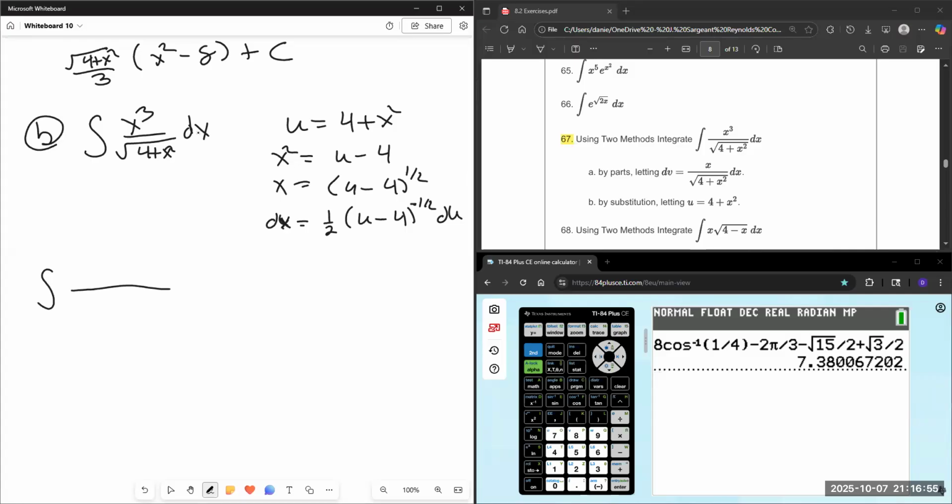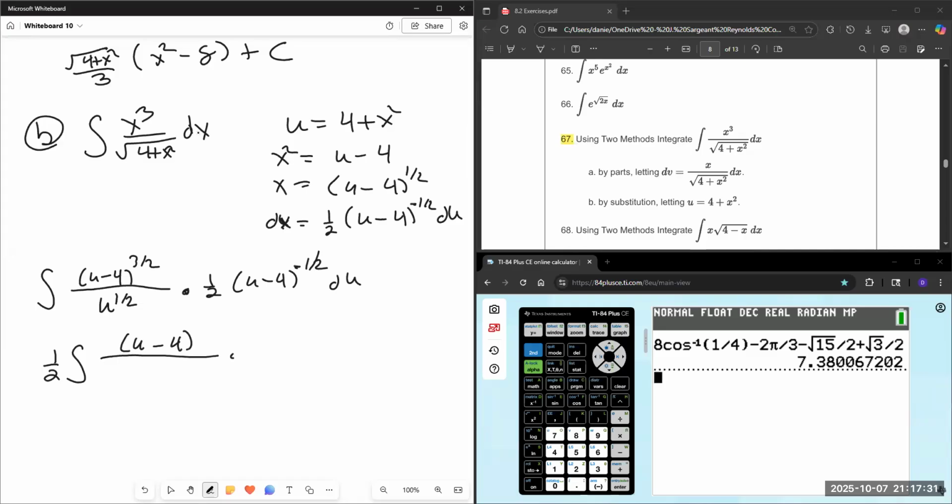And x cubed will be u minus 4 to the 3/2 power. And then this will be u to the 1/2 power times dx, which will be 1/2 u minus 4 to the negative 1/2 power du. So 1/2 will come out front, and then subtracting 1/2 from 3/2 will give me 2/2, or just 1, du, u to the 1/2.